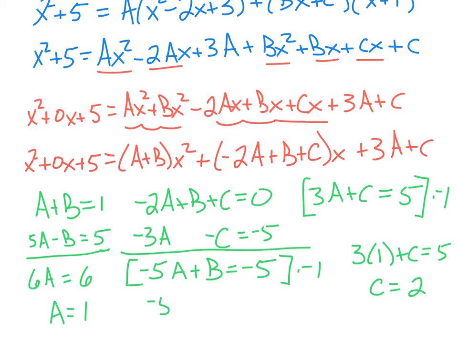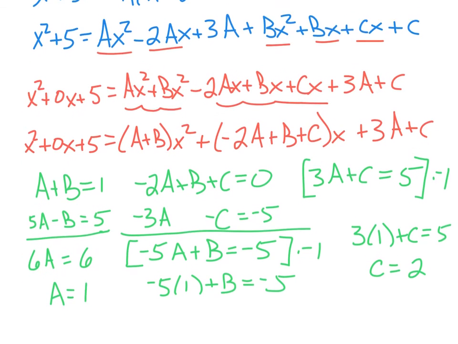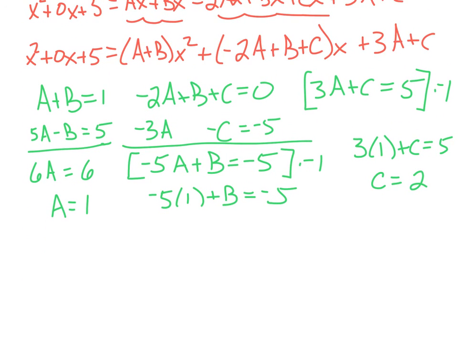So -5 times 1. All right, and so then we add 5 to both sides and we get b equals 0.